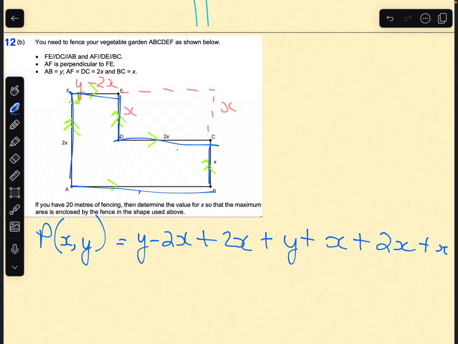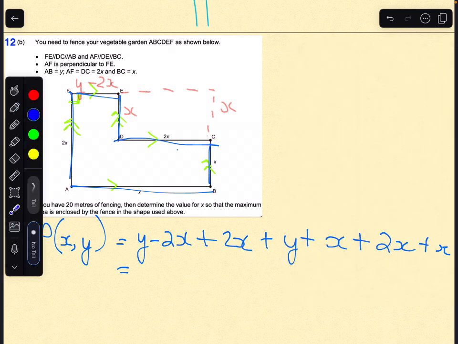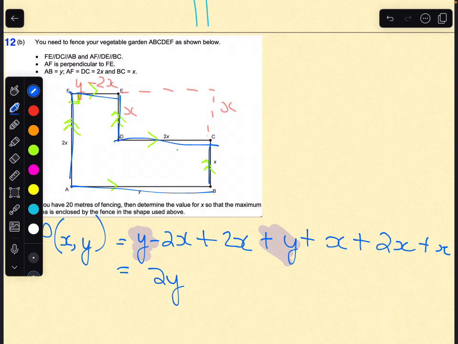Okay, so what does that all add up to? So I've got, oh, how's that picture? Okay, y plus y. Hey, let me use my fancy highlighters here. Y plus y, and that's 2y. Now I'm just left with x's. So I've got minus 2x plus 2x, so those are going to cancel out.